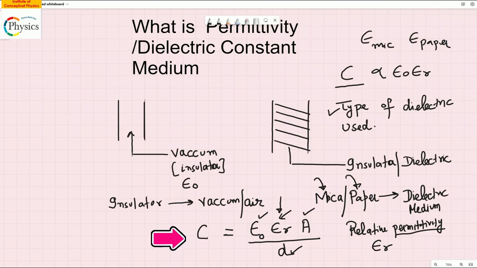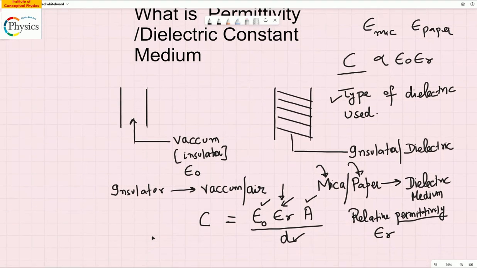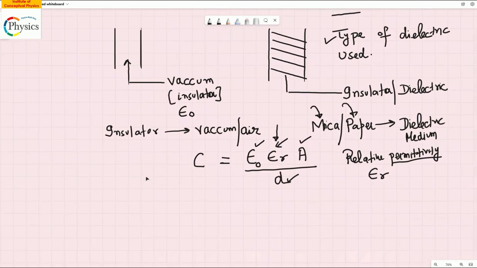Now let's discuss in brief some details of the use of this insulator. Let's understand what functions are done by this insulating layer, the layer between the two parallel plates. So let me put some material between these two.